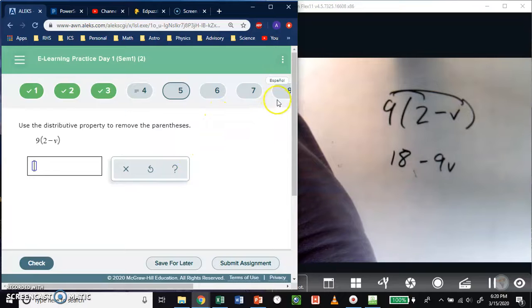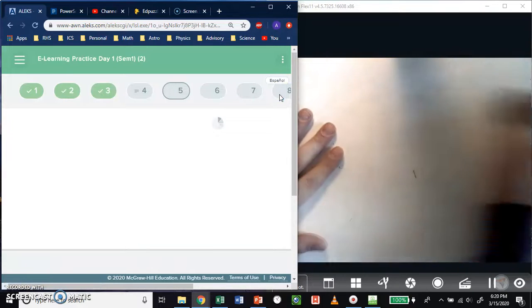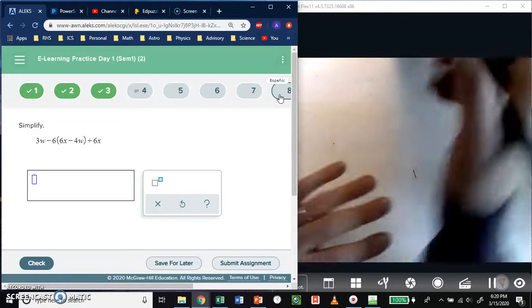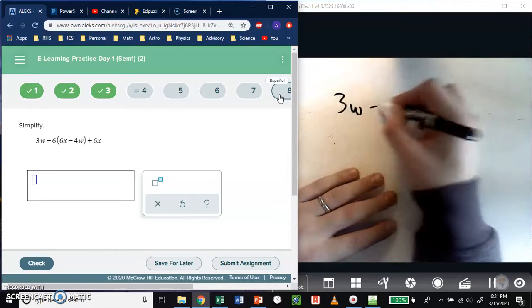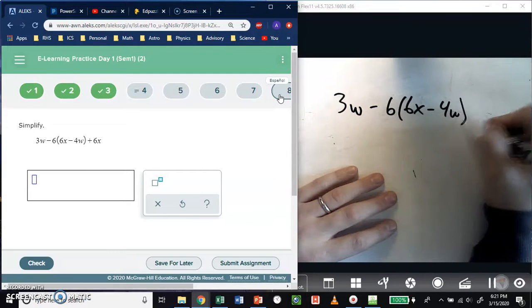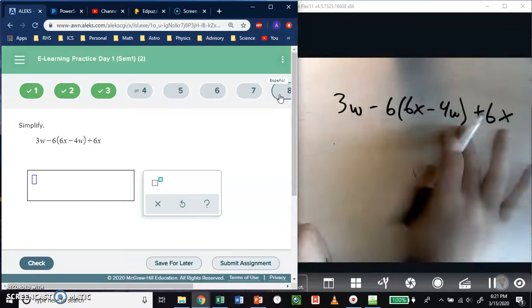Now the last one I want to talk to you about today in this little tutorial is one where we're simplifying and we have terms that aren't alike. So we've got 3w minus 6 times 6x minus 4w plus 6x. So right away we can take care of distributing.